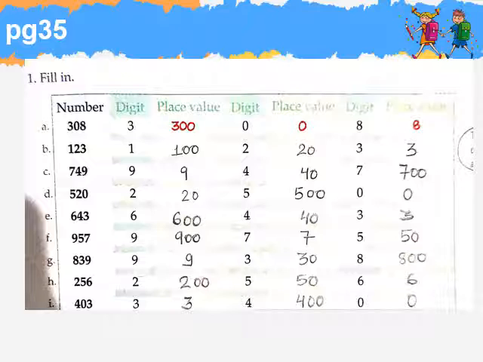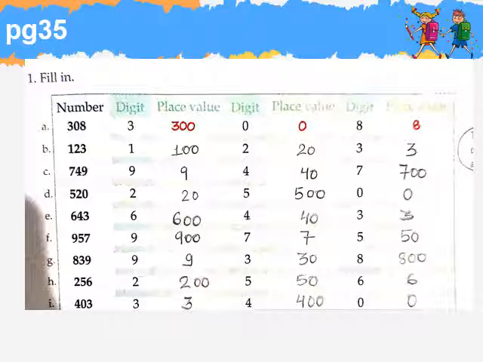So its place value is 8. Next part, B, 123. Now you have to find out the place value of digit 1. Children, in 123, 1 is at hundreds place.